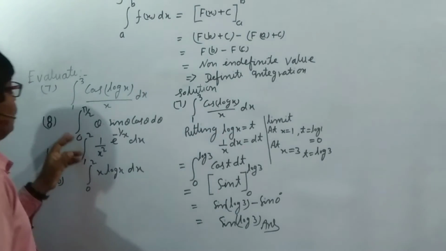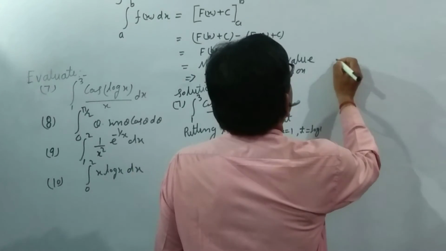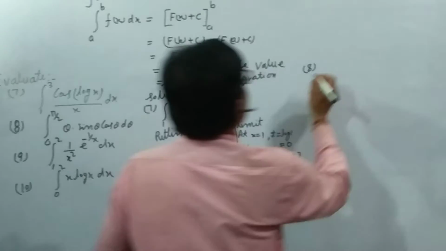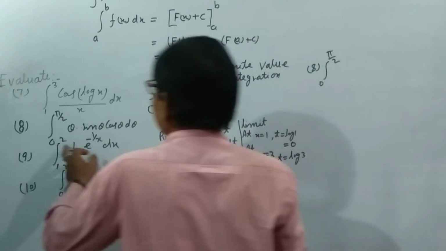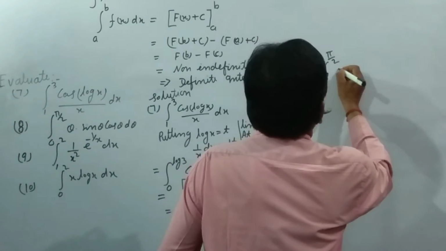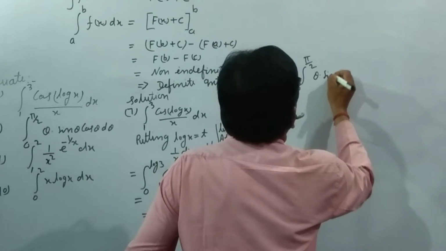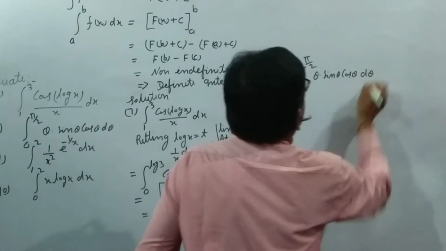Now take question number 8 here. Solution of 8: integral from 0 to pi by 2 of theta into sin theta cos theta d theta.